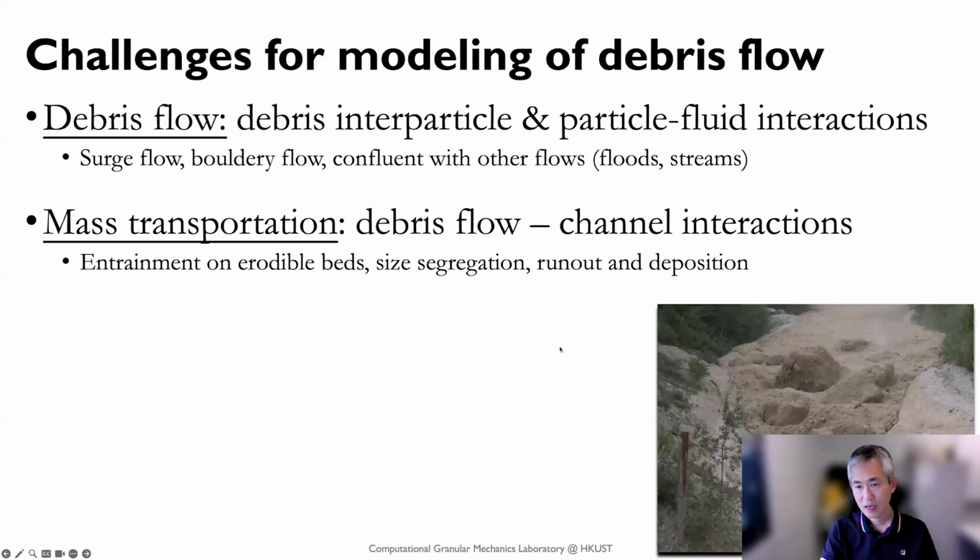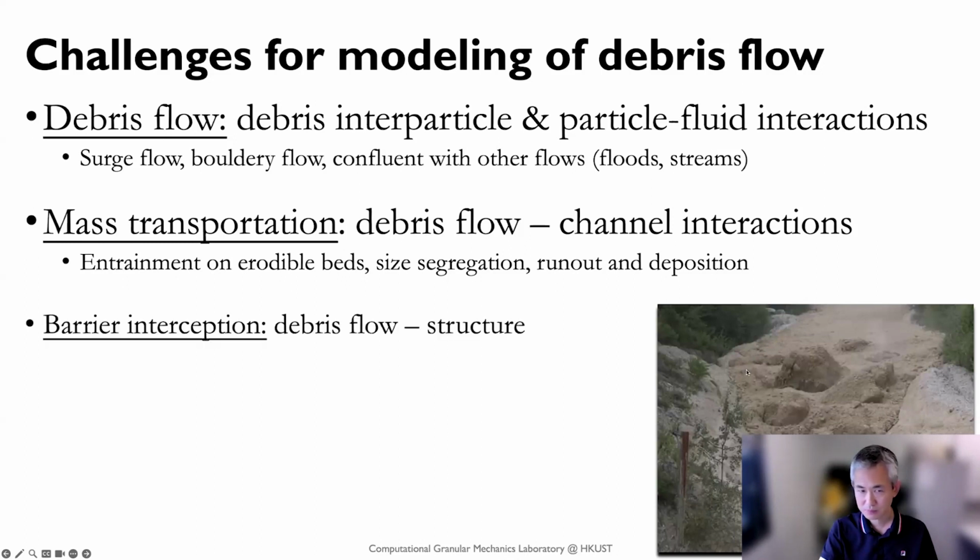Meanwhile, the flow itself will also have size segregation, meaning that part of the particles can be dispersed and then deposited in certain parts of the bank. And in the end, the transportation will run out and deposit somewhere. So those are the mass transportations that we need to take up when we do numerical simulation.